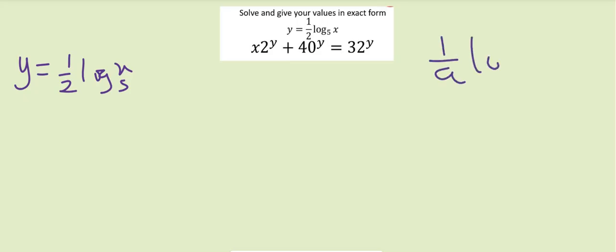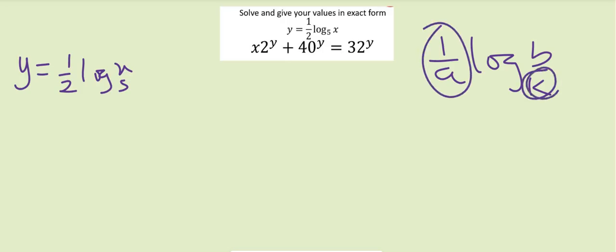Now, from the first equation, where you have y equal 1 over 2 log x base 5. Now, in making x the subject of formula, here I'll get rid of these. I don't want to multiply both sides by 2, but I still want to use a law that I've used in one of my videos. If you have 1 over a log of b base k, this 1 over a can come here as a power.